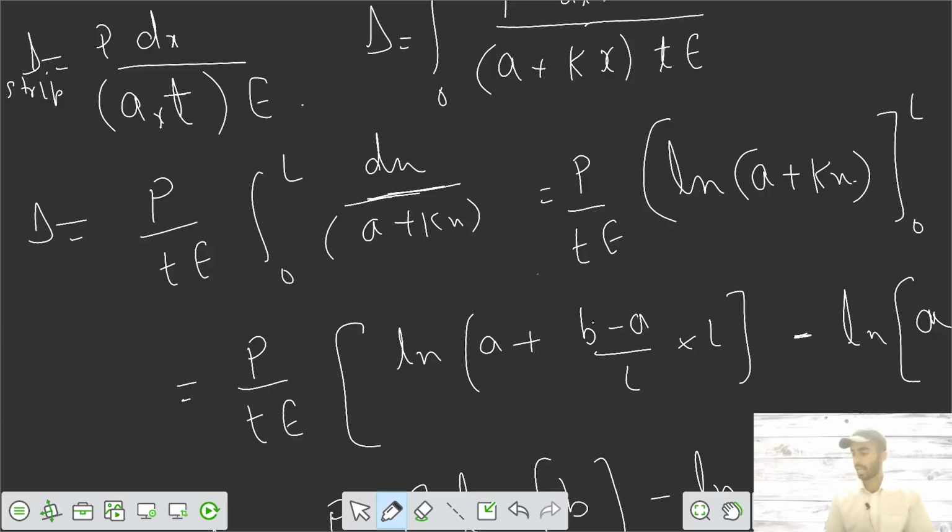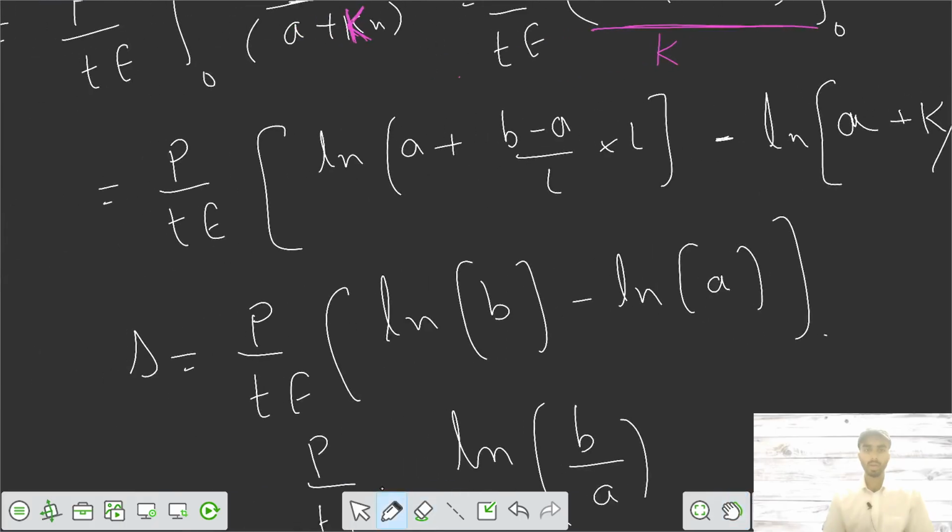Because the function here was A plus kx, you have to divide the overall value by k.